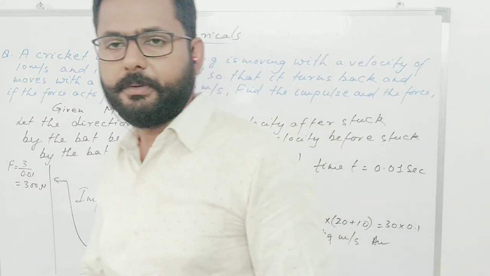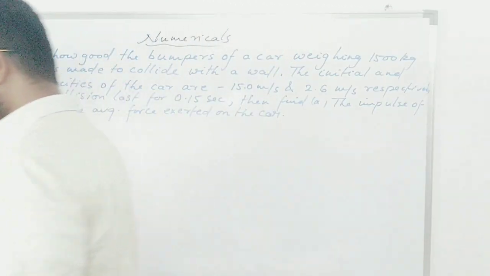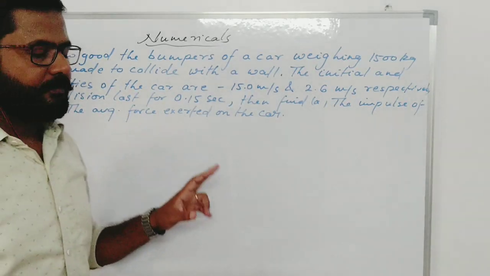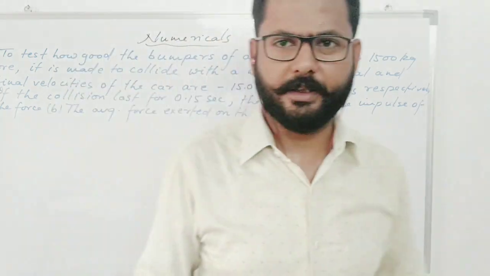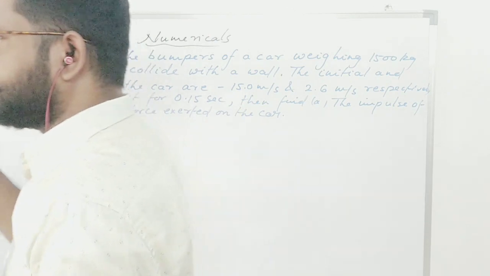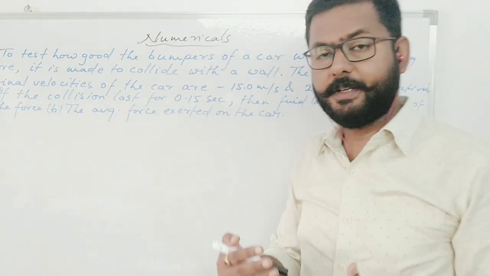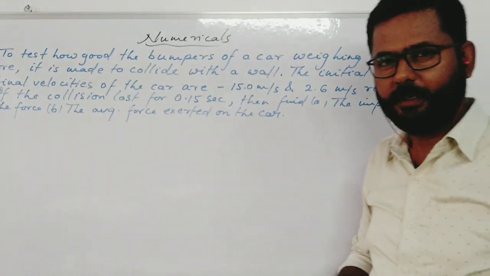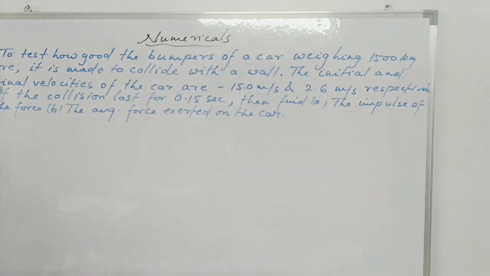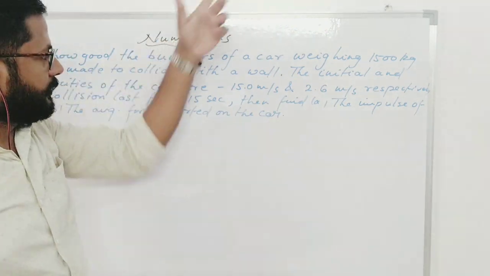Now come to the next question. The next question is, see here, you often hear that the collision of the car is done by the companies, and they give some rating, that Tata Nexon is India's first safest car which got 5 rating in Global NCAP. Okay, so how do they test?